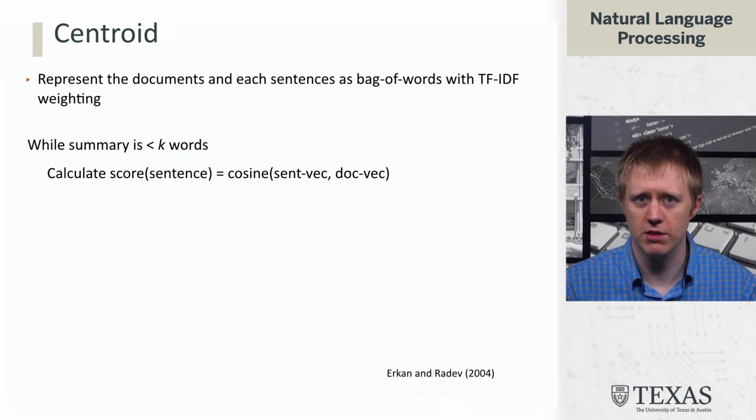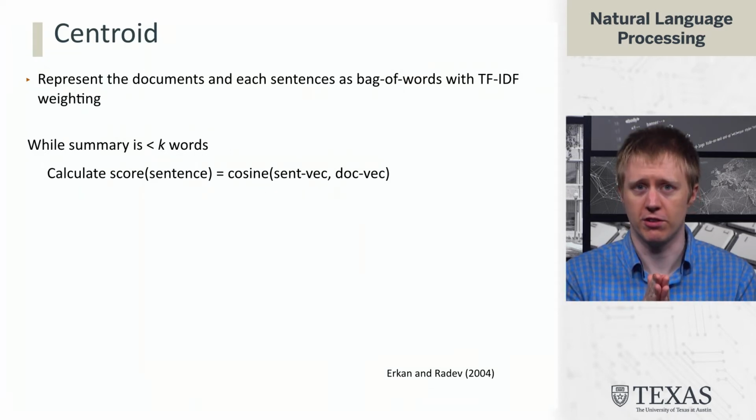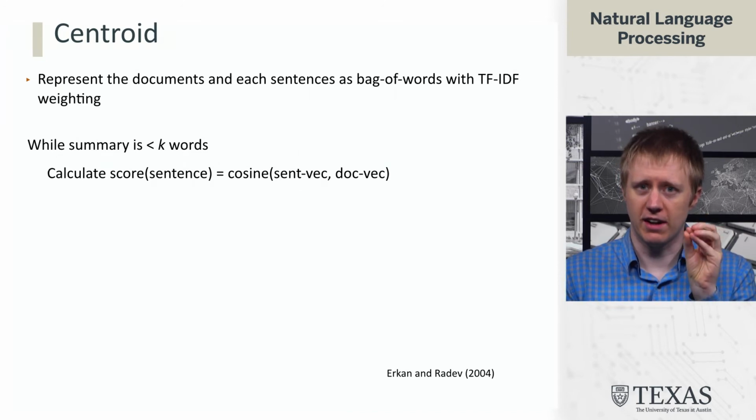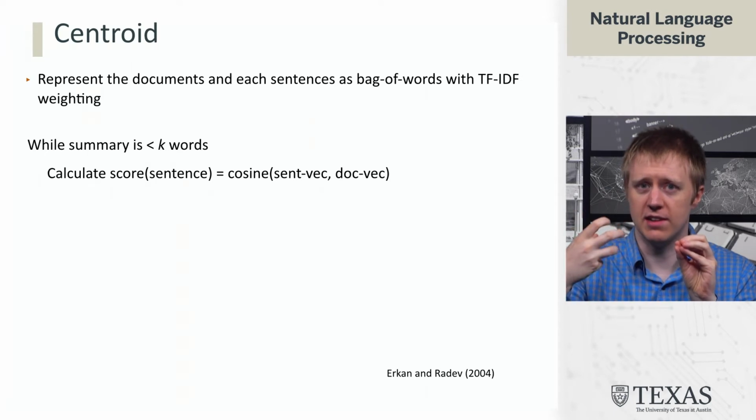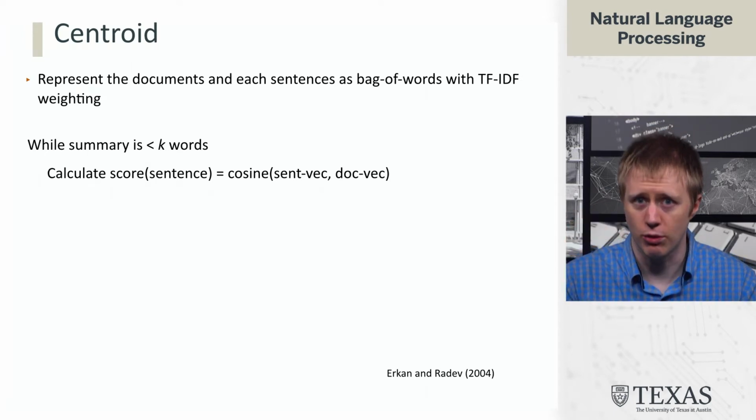The way we do that is we score each sentence based on the similarity between the sentence vector and the overall document vector. So does the sentence vector seem representative of the average content in these documents? Is it close to this centroid?